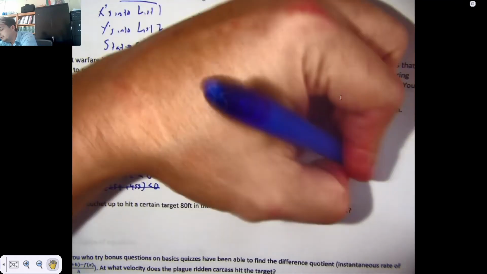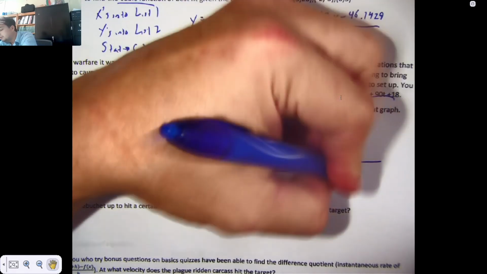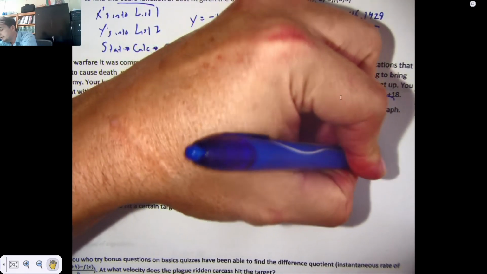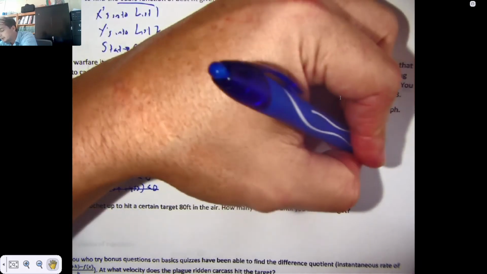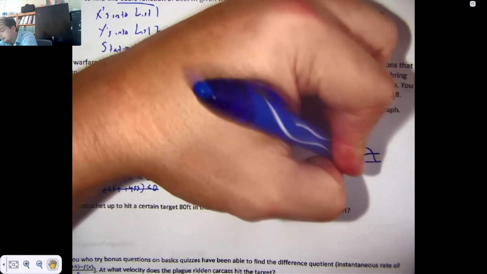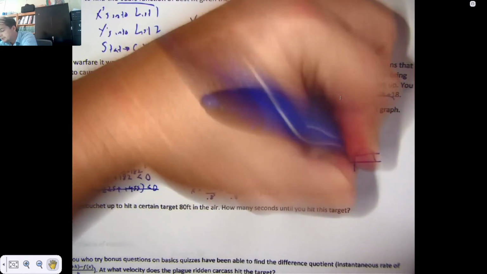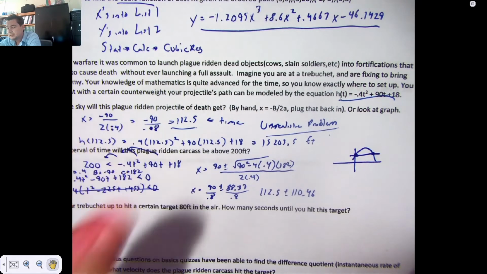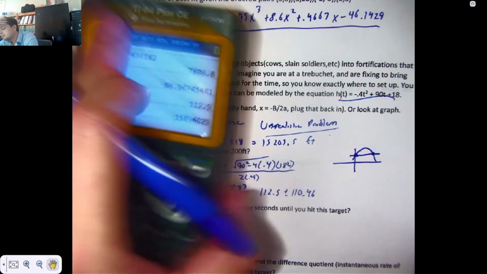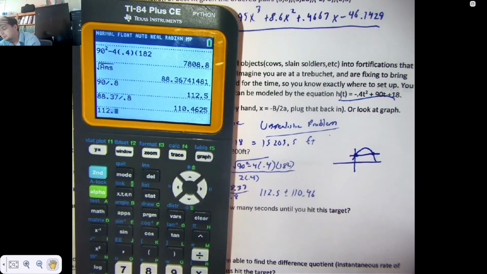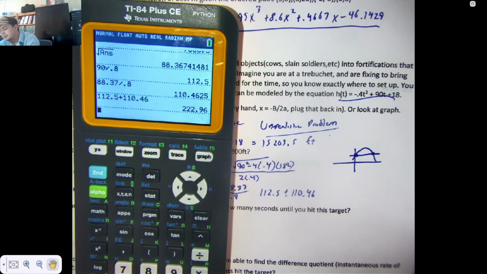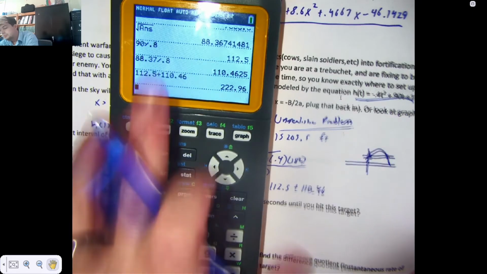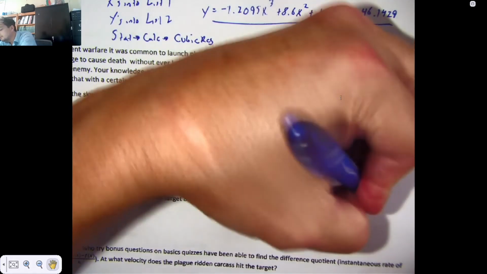Now, if you think about the context of the problem, the dead thing goes up, the dead thing goes down. Since I set it equal to 200, I found an intersection here and an intersection here. These are both valid answers because of the context of the problem. So I take my 112.5 and I add 110.46 and I get 222.96.